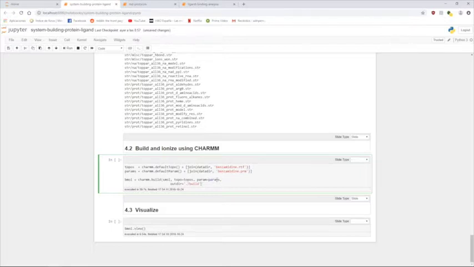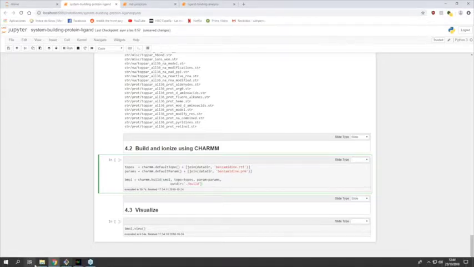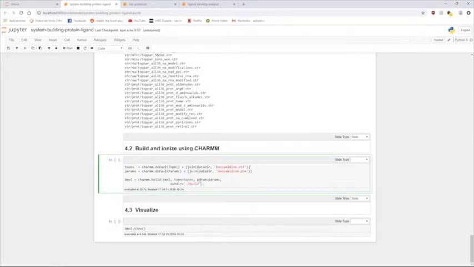Here you can also set up the salt concentration you want in your simulation and other useful things.